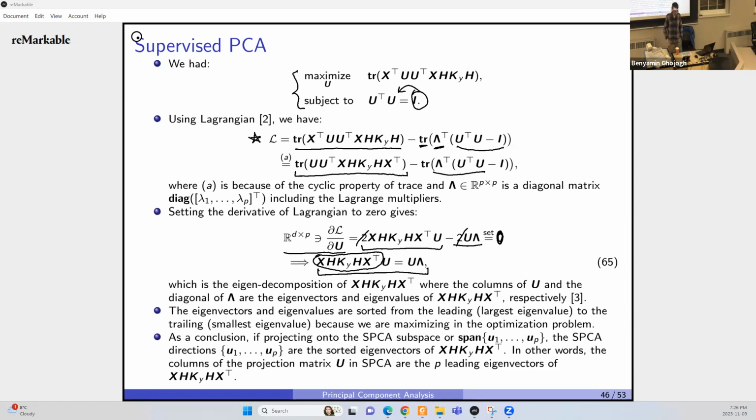Interesting. Where U are the eigenvectors and lambda are the eigenvalues. So it's a spectral algorithm similar to unsupervised PCA. As a result, the projection matrix U has the eigenvectors of X H K_Y H X transpose.